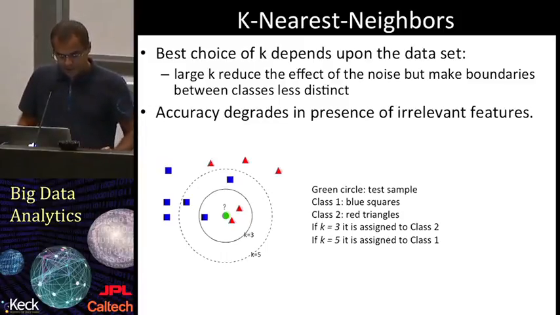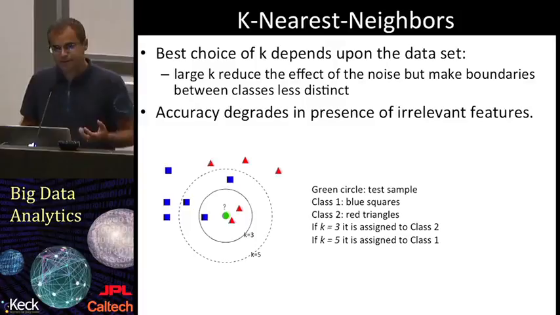Now, let's see briefly how it works. Suppose we have two classes, like in the figure, blue squares and red triangles, and we have a new data point coming in, and we want to classify it. This new data point in the figure is represented as a green circle. Now, if k is equal to 3, it is assigned to class 2 because, as you can see, there are two triangles and one square in the inner circle.